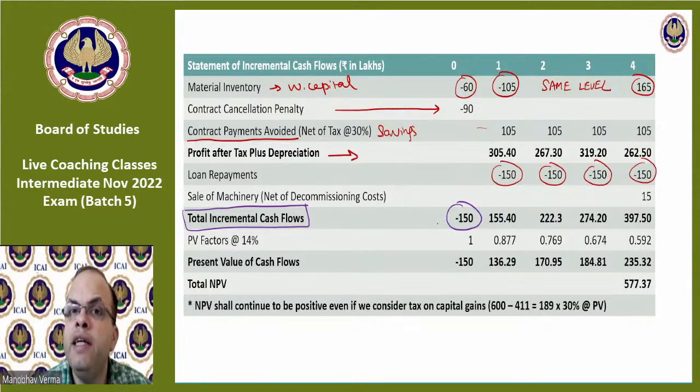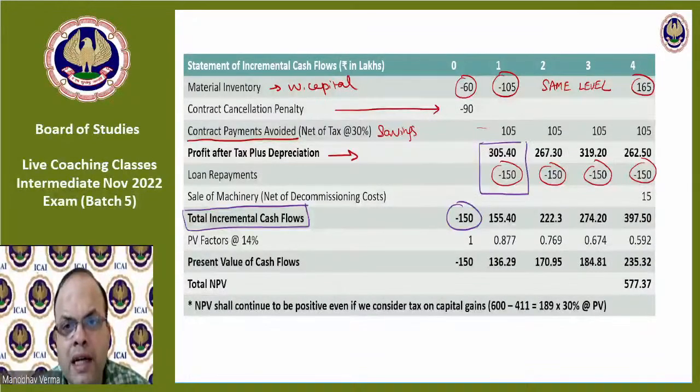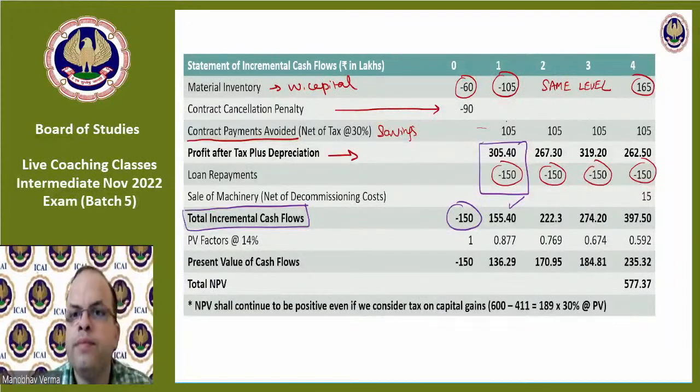What is this 150? Working capital or inventory of 60 lakhs, cancellation penalty of 90 lakhs. And these two, your profit after tax plus depreciation, net of the loan repayments, 155. Am I correct, guys? Is this making sense to everyone? Let me know any doubts.